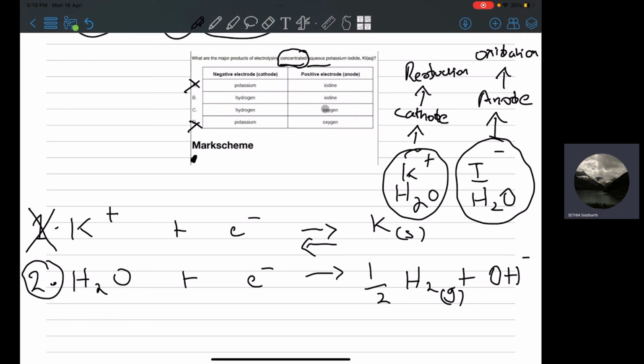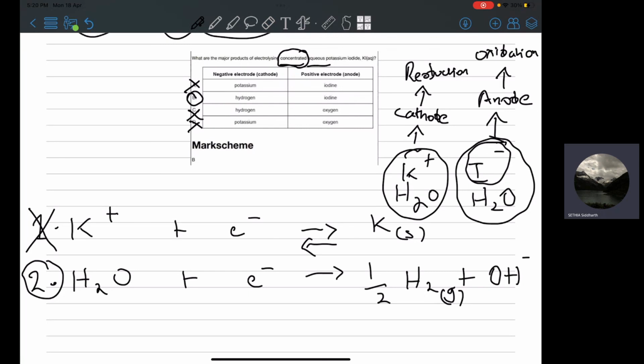And when the solution is concentrated, this always means that the halogen is going to be formed at the positive electrode rather than oxygen. So we can delete C and we can put our answer as B, which is also the correct answer. So if they mention concentrated, you already know that the halogen will be formed, in this case, we have iodine. If it was chlorine, it would be the exact same. You have chlorine. If it was fluorine, it would be fluorine, right? If it says concentrated, you have the halogen being formed.